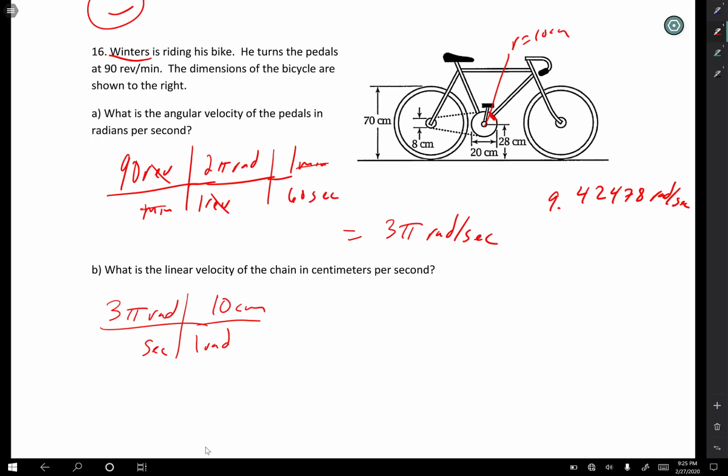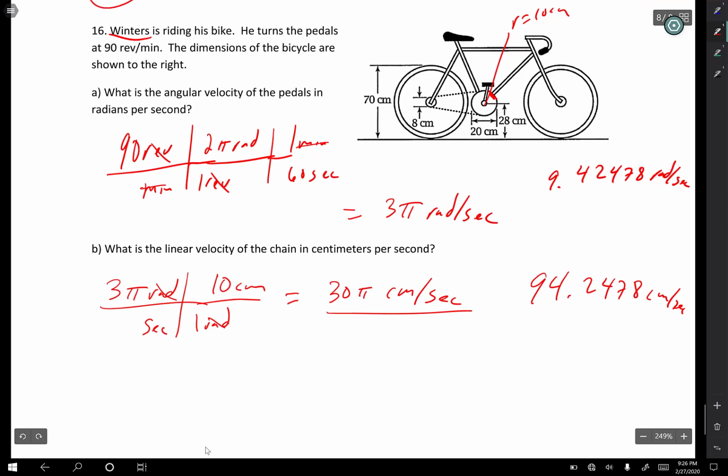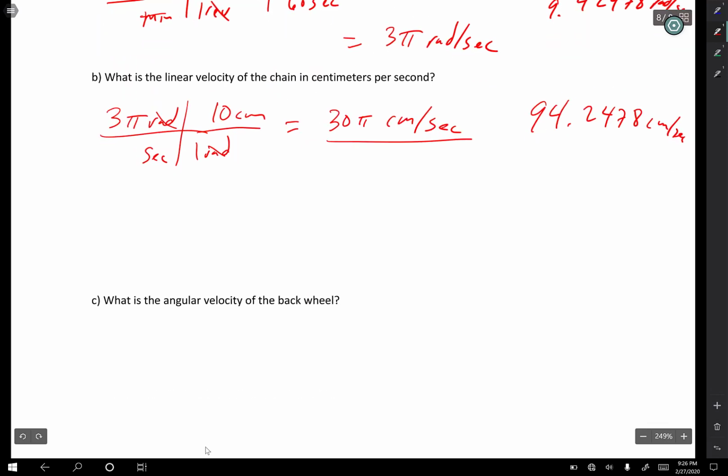So there it is. That's going to give me centimeters per second. So it's going to be 30 pi centimeters per second. If you want a decimal, I guess just move the decimal one time, 94.2478 centimeters per second.